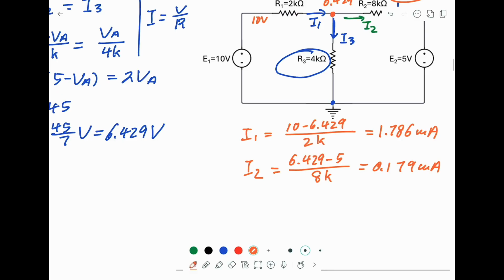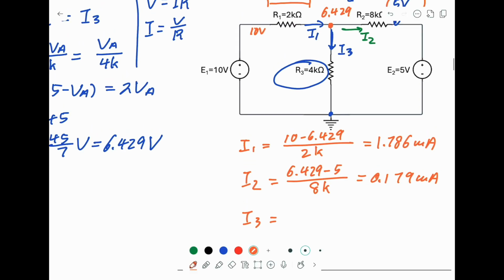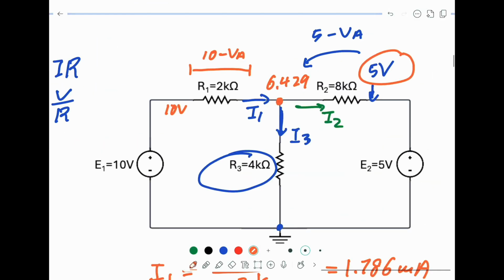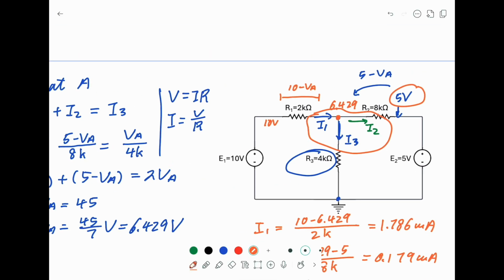And I3 is 6.429 divided by 4K. You have 1.607 milliamp. Now let's check. After the correction, we should say I1 equal to I2 plus I3.